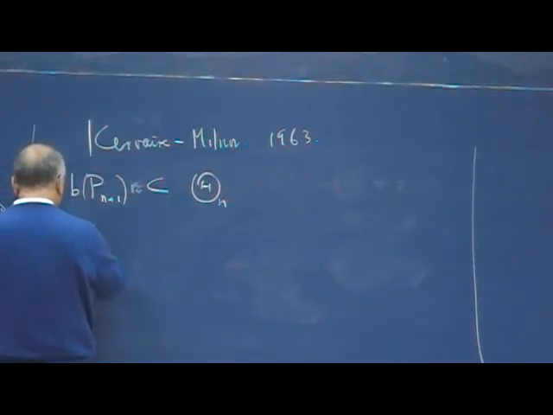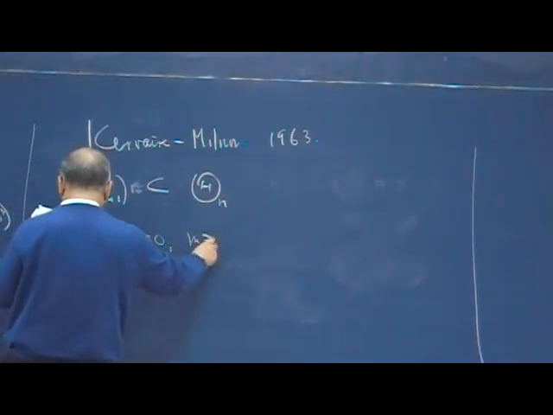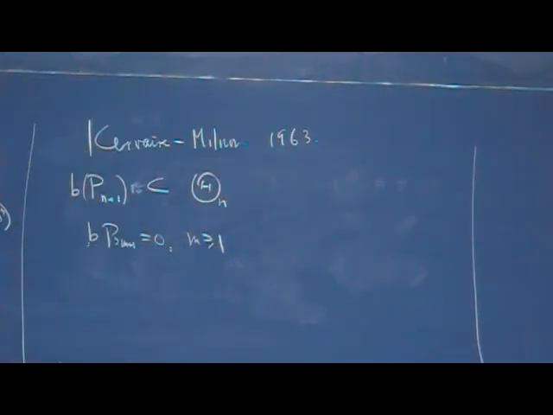that bP_{2m+1} equals 0 for m bigger than 1. We always assume dimension bigger than 5 because exotic spheres are not understood in dimension 4. So all the time we assume this is bigger than 5.